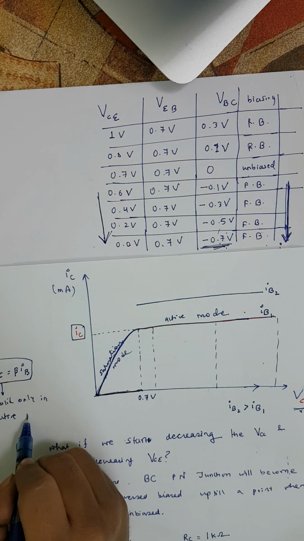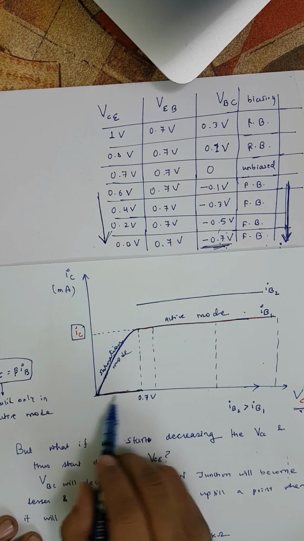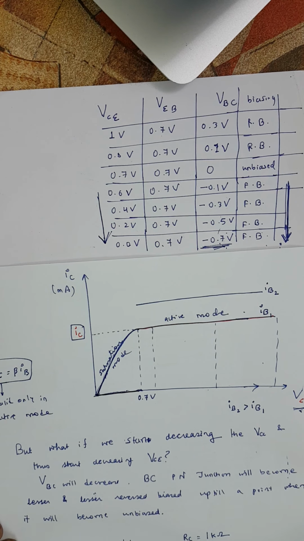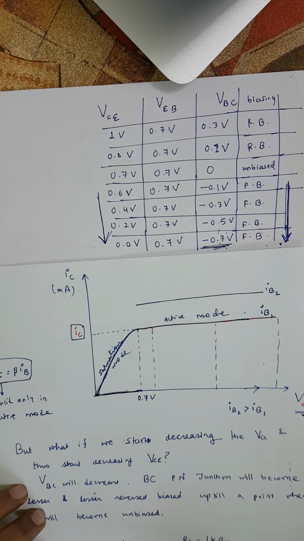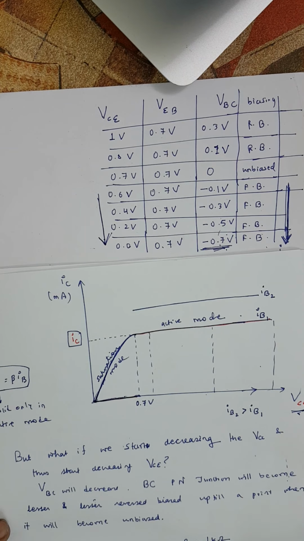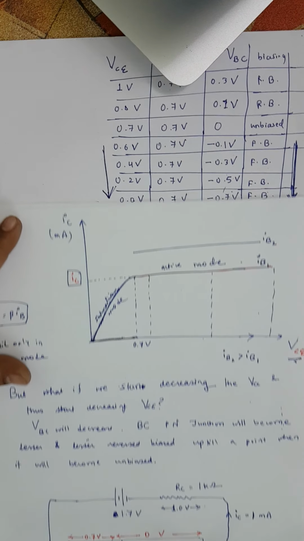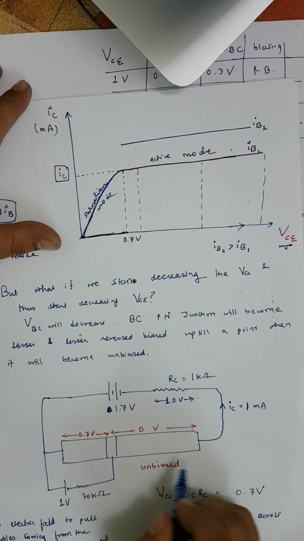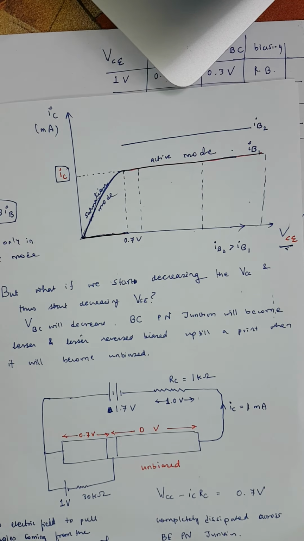Why? Because in this saturation mode, we know that this collector base PN junction is forward biased, and it is going to repel the holes which are coming from here. Maybe I can draw a new diagram.